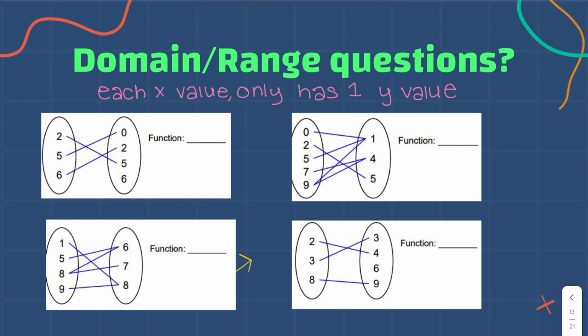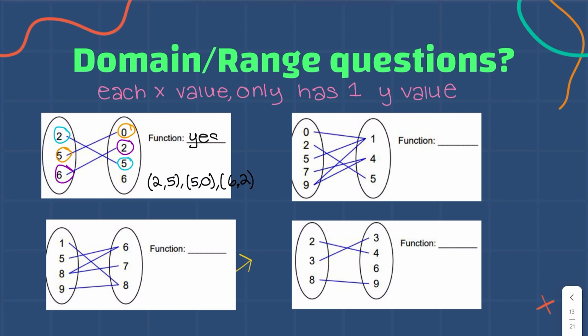So the first one, we have our 2 matches with our 5, our 5 matches with our 0, and our 6 matches with our 2. So we get the ordered pairs (2, 5), (5, 0), and (6, 2). Everything has its own numbers, so this is indeed a function.